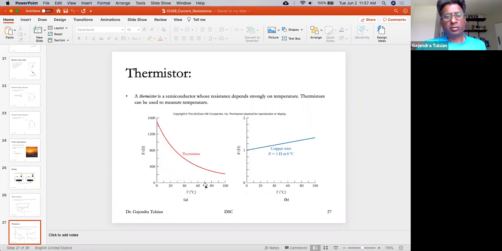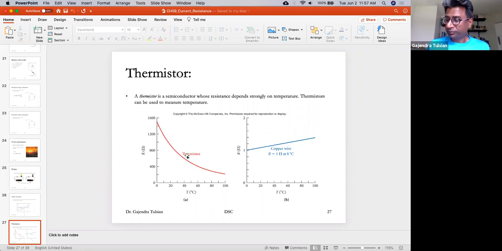So here are some materials with interesting electrical properties. There are materials called thermistors. You can see that as the temperature rises, their resistance decreases.